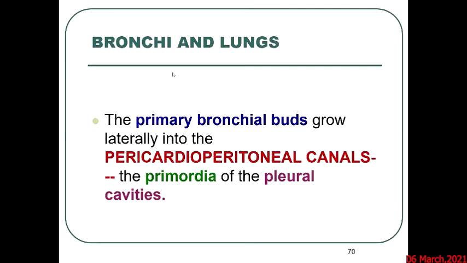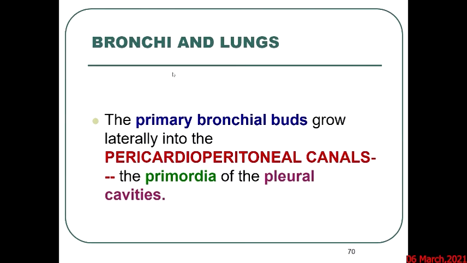The primary bronchial buds grow laterally into, remember, where will they grow? They will grow into the pericardio-peritoneal canals. If you remember, I told you when I was talking about the body cavity or coelomic cavity, again and again, that there are three: the pericardial cavity, the pericardio-peritoneal canals, and the peritoneal cavity.